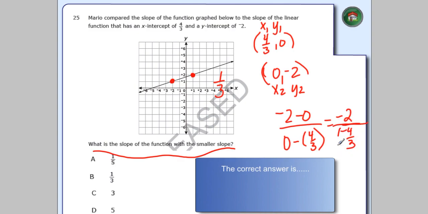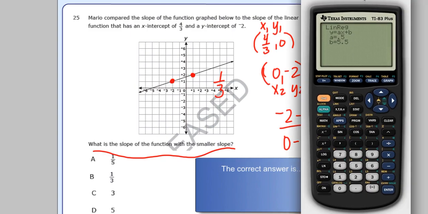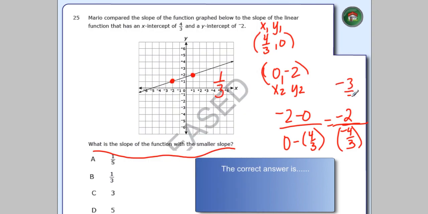This is a fraction here. So in your calculator, if you do -2 divided by and put it in parentheses, you get -1.5. And we'll change that to a decimal or a fraction, which is -3/2.